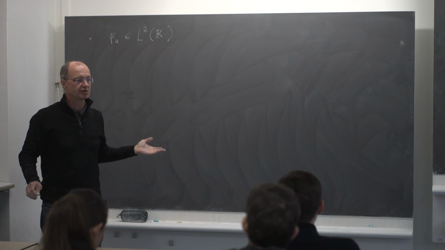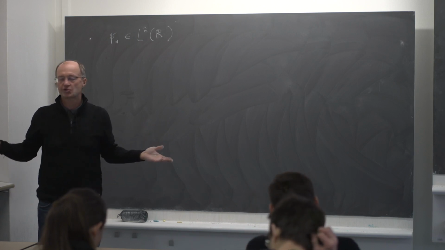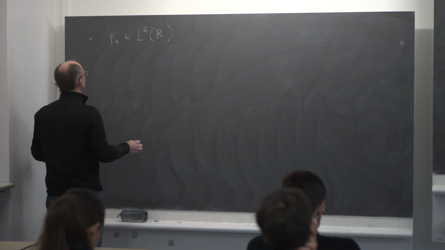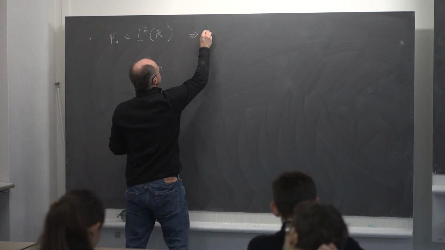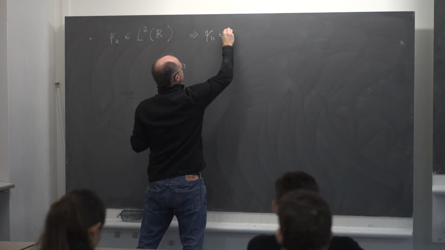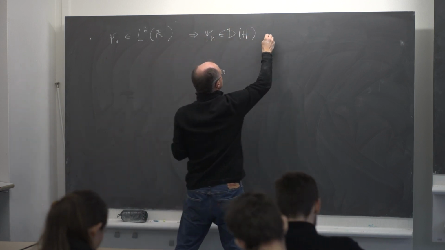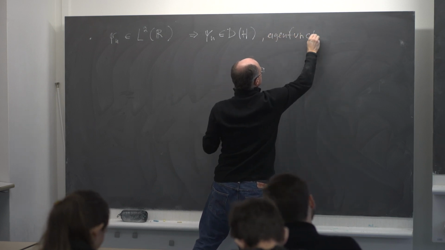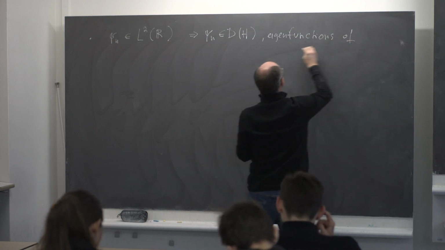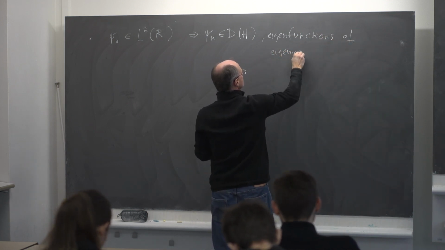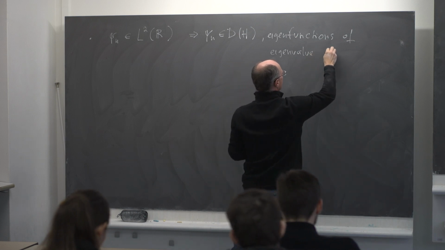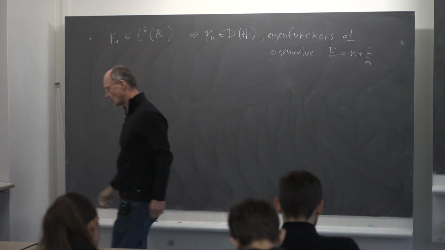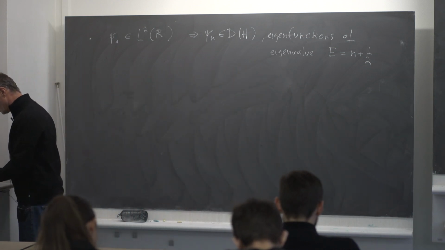They are smooth, they are square integrable. So these are just good functions. They're good eigenfunctions of our original Hamiltonian, with eigenvalue n plus 1/2.